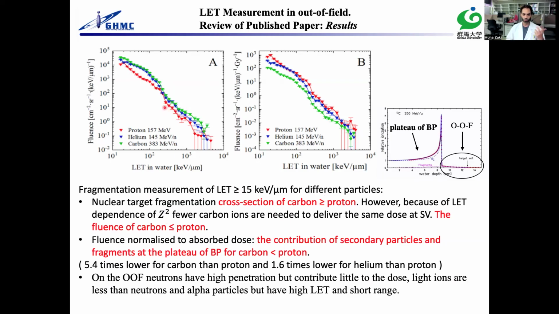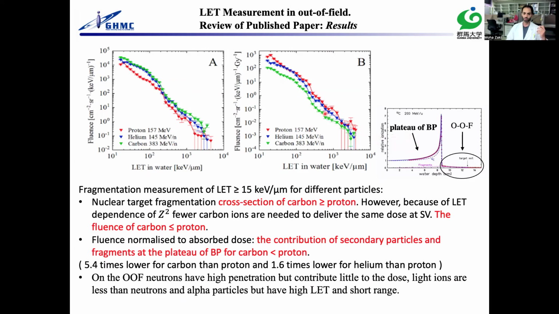The fluence was normalized for each particle to determine the absorbed dose. And the results showed that the contribution of secondary particles and fragments at the shallow depths of the Bragg peak for carbon ion is less than proton, which means low LET protons need more fluence than carbon with a high LET at the same sensitive volumes, producing more secondary particles at this Bragg peak.